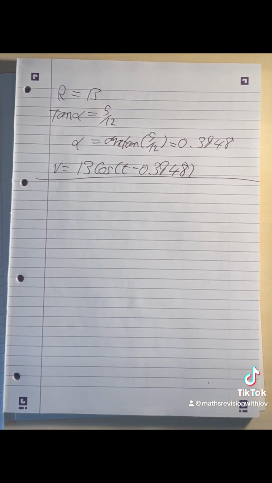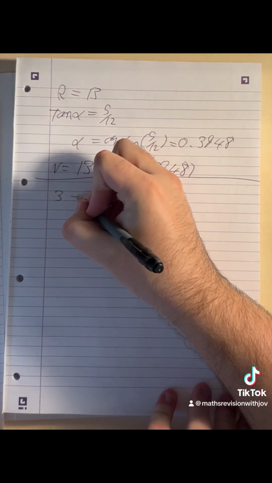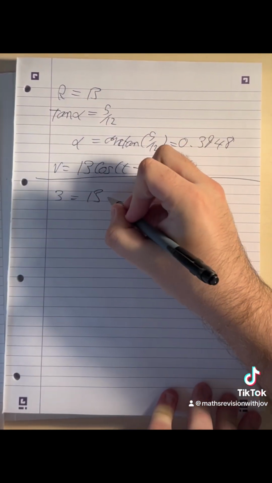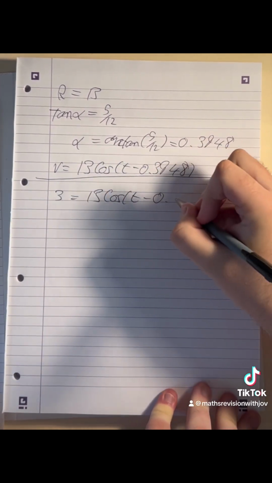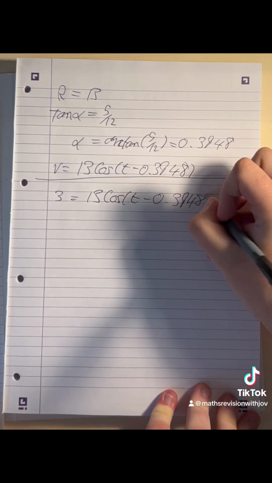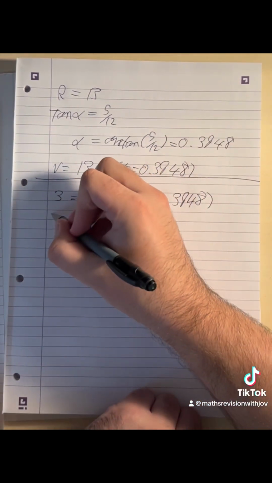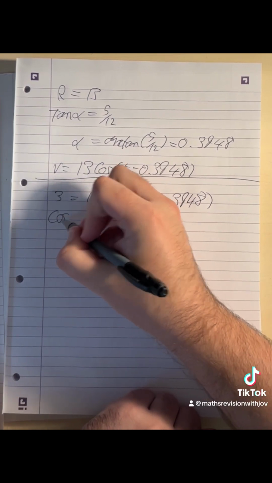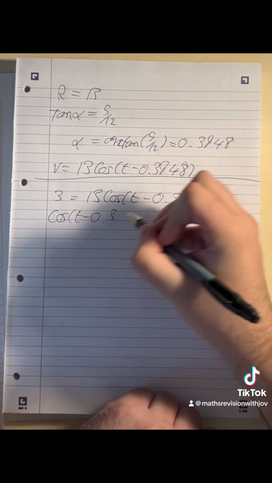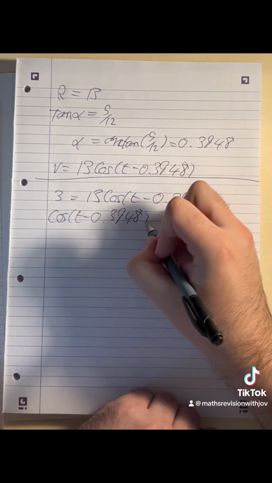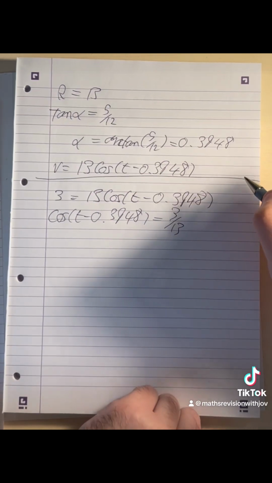So first case, we'll have a look at when v equals 3. So we get 3 equals 13 cos t minus 0.3948. So that must mean that I'm going to put everything on the other side. So cos of t minus 0.3948 is equal to 3 over 13.